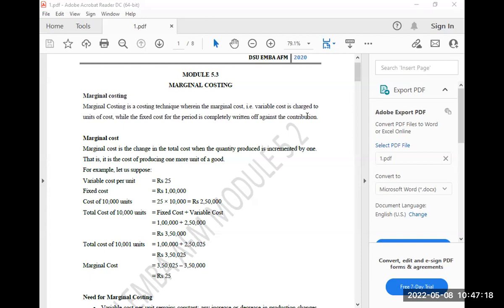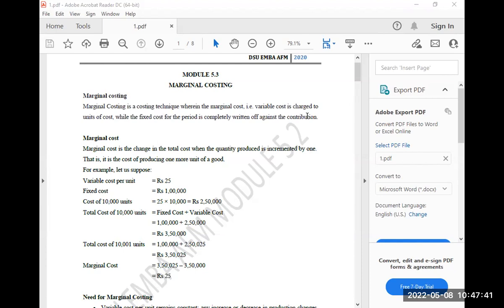For my company, if I produce 10,000 units, what raw material am I using? If I'm producing 15,000 units, how much raw material am I using? Definitely it is going to increase, right?